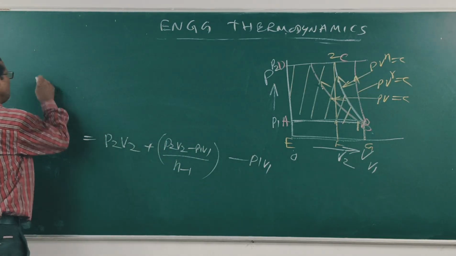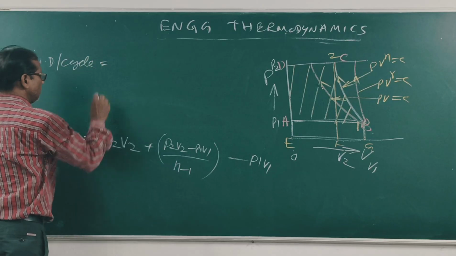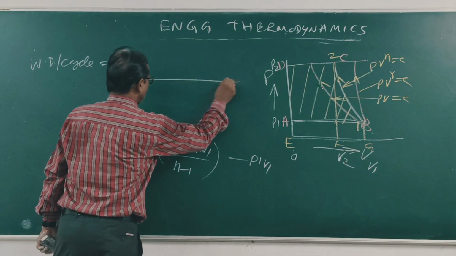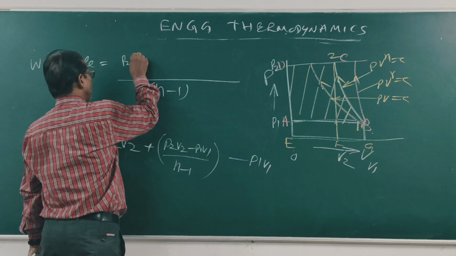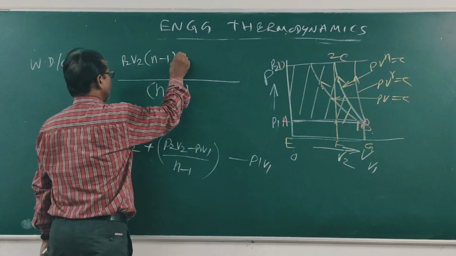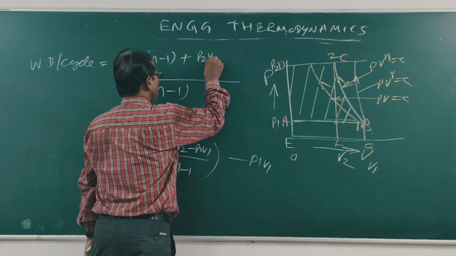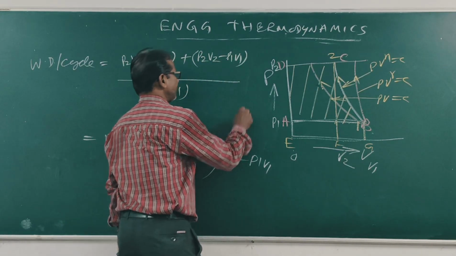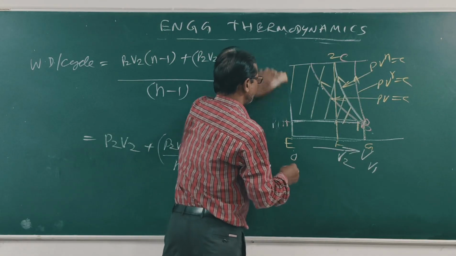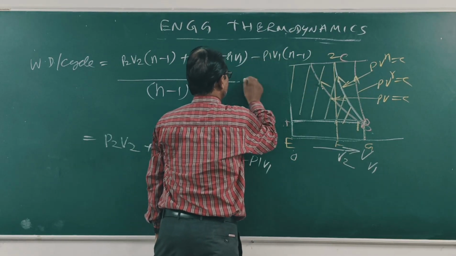Now, work done per cycle is equal to 1 by n minus 1 times T2 V2 into n minus 1 plus P2 V2 minus P1 V1 minus P1 V1 into n minus 1.